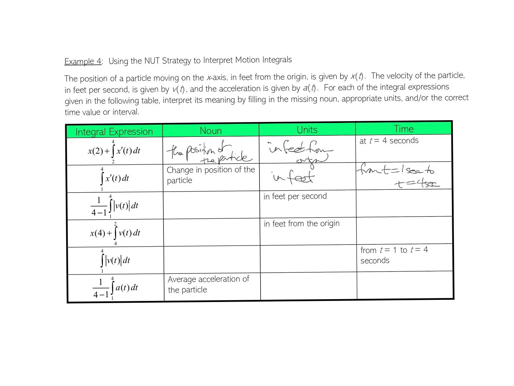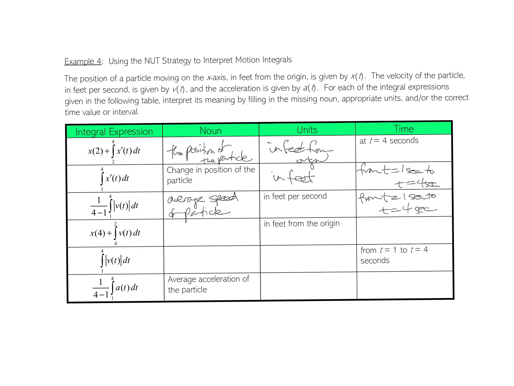All we're doing here is interpreting what we're actually calculating. If we have 1 over 4 minus 1 of the integral from 1 to 4 of the absolute value of v of t, the absolute value of v of t is speed. What are we doing before the integral? That is calculating the average speed of the particle, and that would be in feet per second.